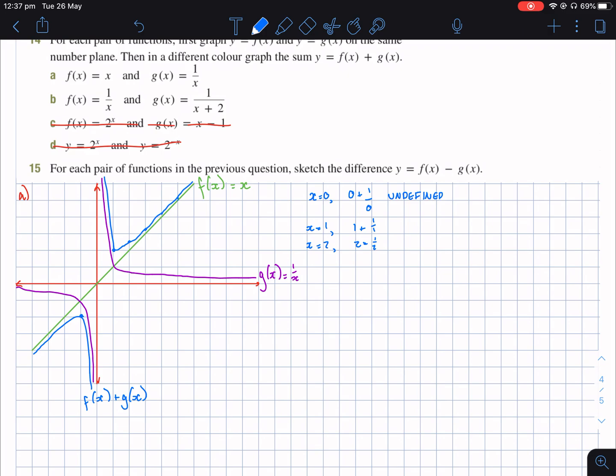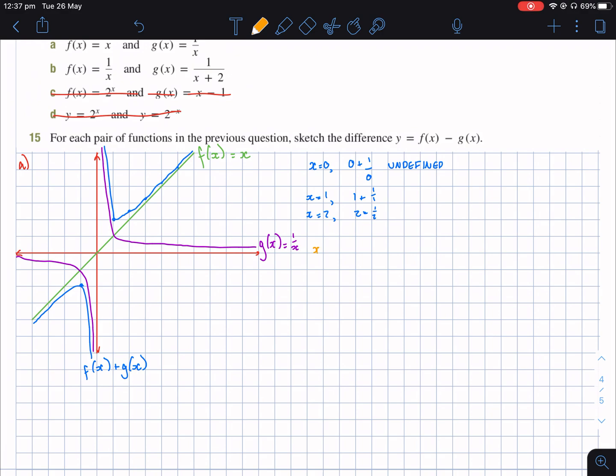I'm going to do 15A now on the same graph. So now I'm sketching the difference. So this time I've got 0 take 1 on 0, still undefined. 1 take 1 on 1, it's going to be 0. 2 take a half, it's going to be 1.5. 3 take a third.